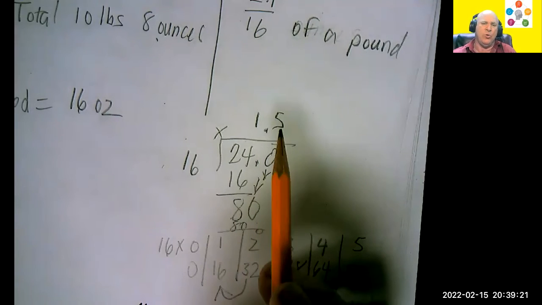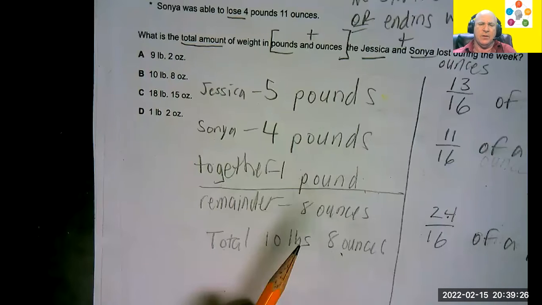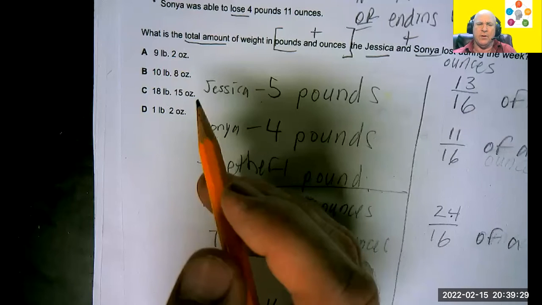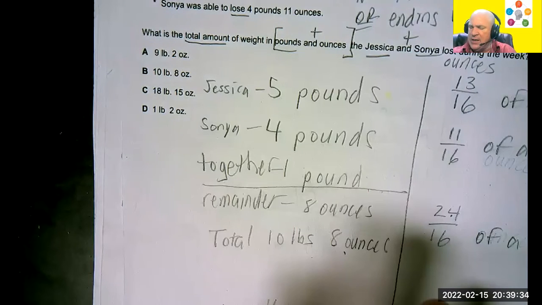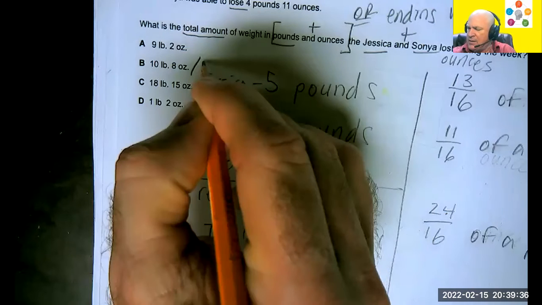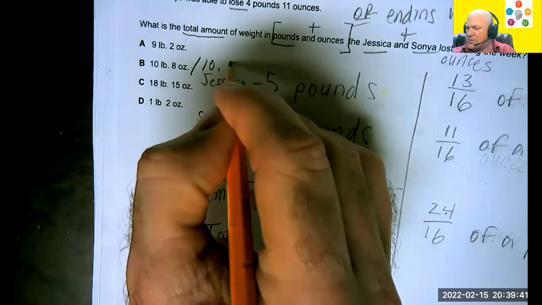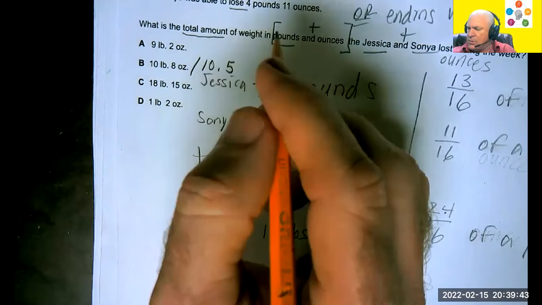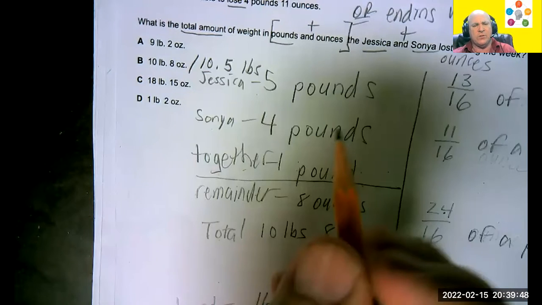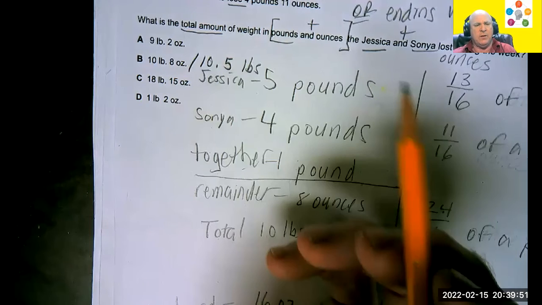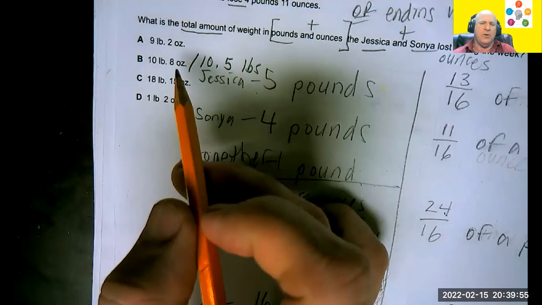So if you were to put letter B in whole number and decimal form, it would be also known as 10 and 5/10 pounds. 10 and 1/2 pounds. You wanted to think of it that way because 8 ounces out of 16 is a half a pound. So there you have it.